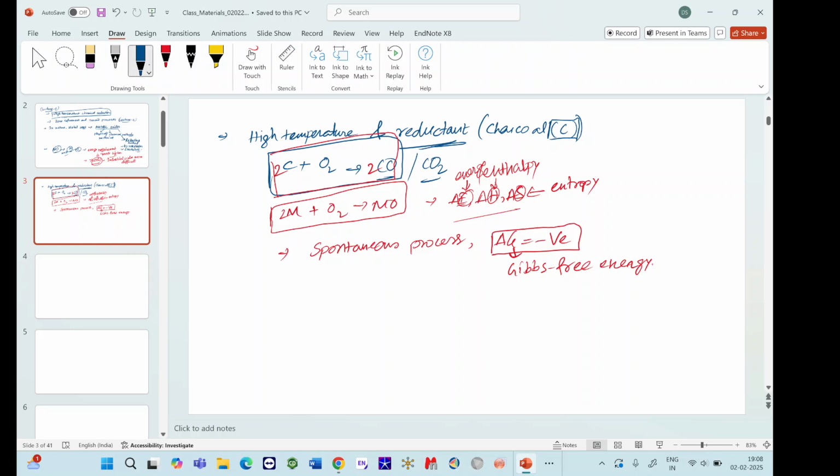And this expression is given as, this is a very basic thing, delta G equals delta H minus T delta S. Delta H comes from the thermodynamic part. It is different for both reactant as well as product. T is the temperature and S is the entropy. Delta S means the change in entropy.